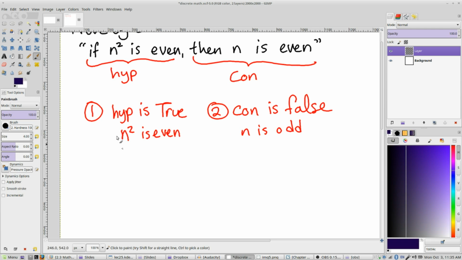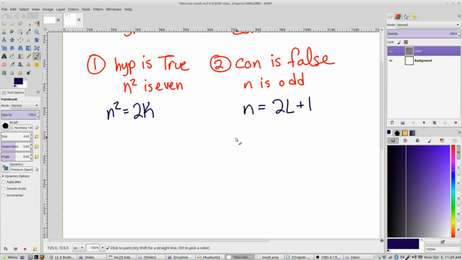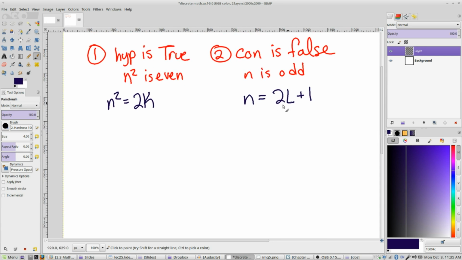So from there we translate it into math. So we want to say that n squared is even, so n squared is some even number. But we want to say that n itself is odd. So we'll say n is equal to 2l plus 1. So, to write this just as an equation, we'd have 2l plus 1 squared should be equal to 2k.